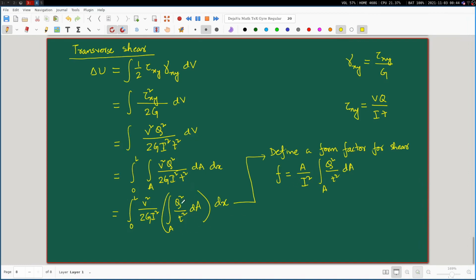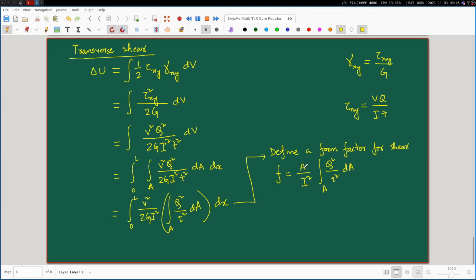See, we have picked up this integration, which is integration Q square by t square with respect to this area, and then we have just multiplied this entire thing with A by I square. Now, why have we done something like this? One motivation is that this form factor, we want it to be a non-dimensional quantity. If you check for yourself, you'll see that this here is m square, the I by itself is m to the power 4, so this becomes m to the power 8.